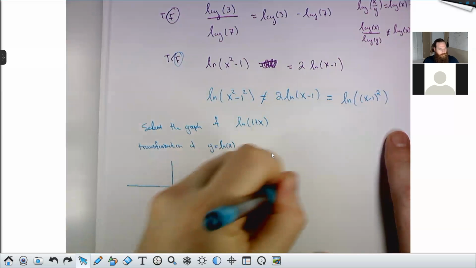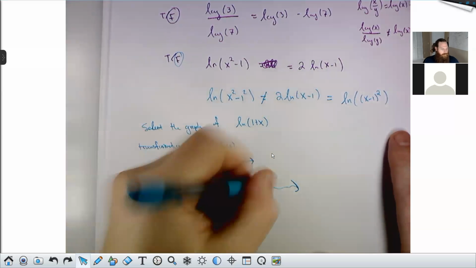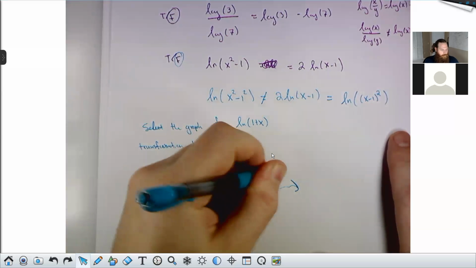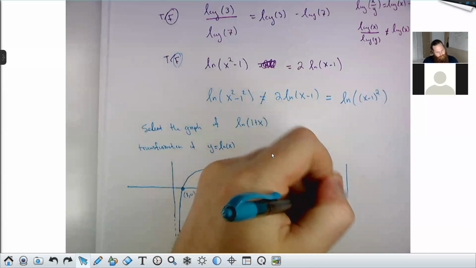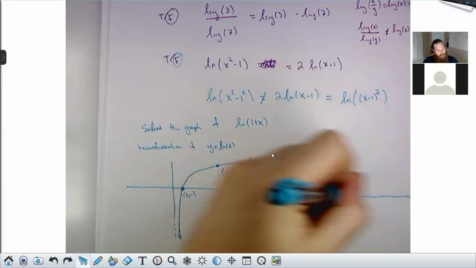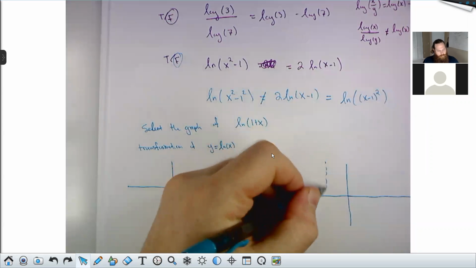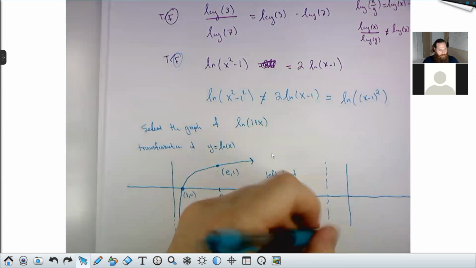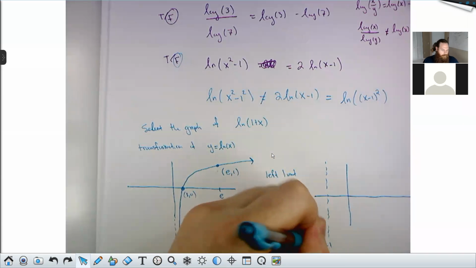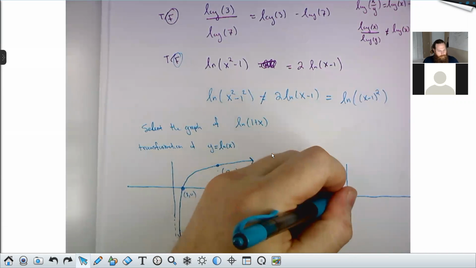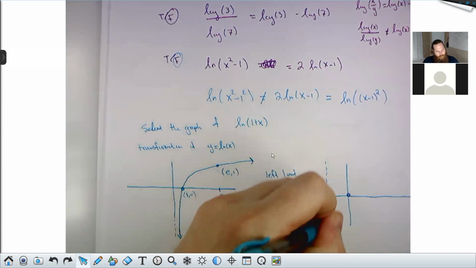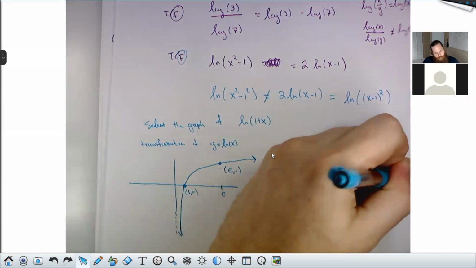So if we transform this by shifting left 1 unit, my new vertical asymptote will be the line x equals -1. I will approach it from the right. Instead of going through 1, 0, I will go through 0, 0.